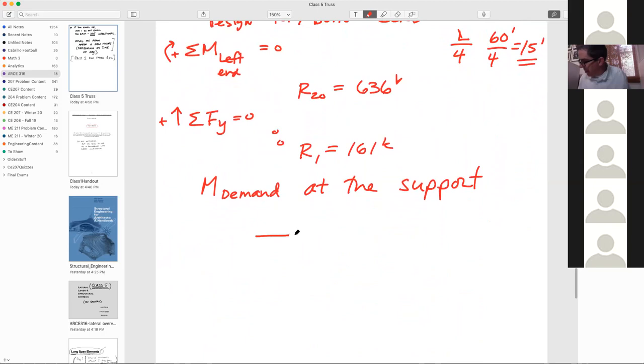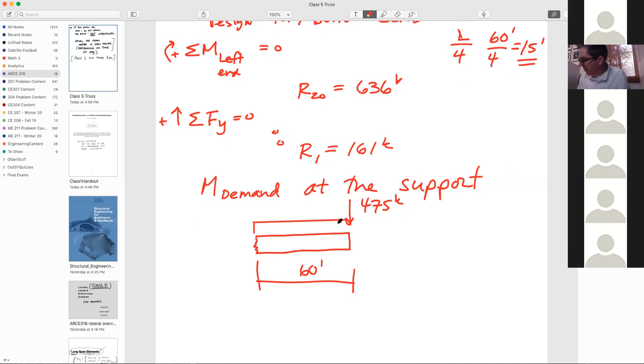Really the best way would just be to cut a free body diagram. So we'd have out here the 475 kips. We'd have the distributed load that would show up. And what you'd be interested in doing then is solving for M internal. So you would also have a shear.